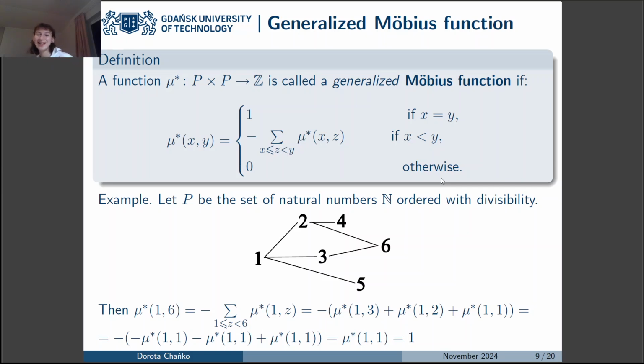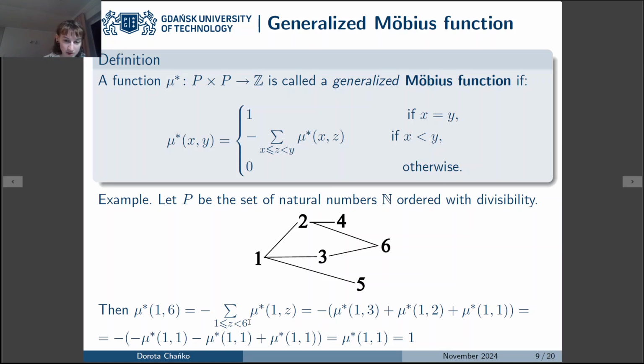Examples now. Let P be the set of natural numbers ordered with divisibility. So here in the graph, 1 divides everything. These are the first 6 natural numbers, of course. 1 divides all of them, 2 divides 4, and 2 divides 6, 3 divides 6, and that's it. Then, for example, μ star of 1, 6 is, from the definition, the negative sum over z that are greater or equal to 1 but less than 6, of μ star 1z.